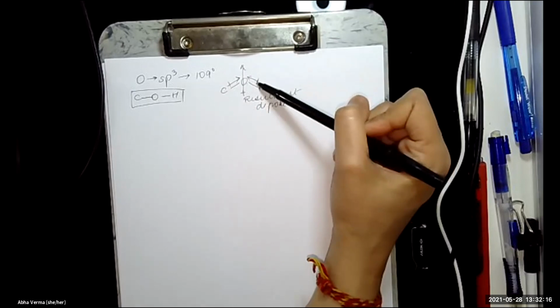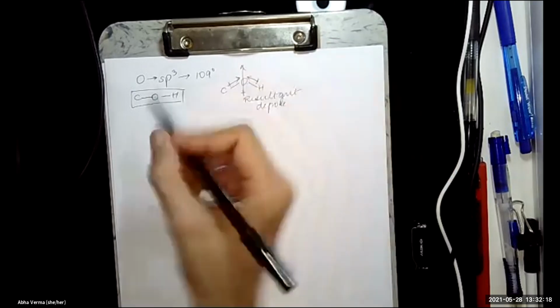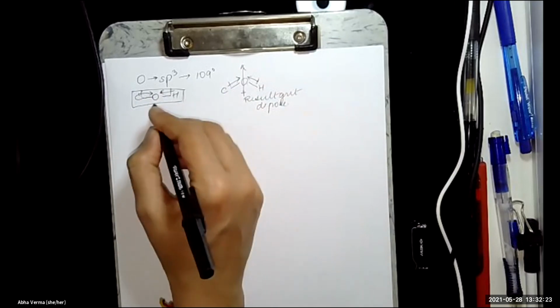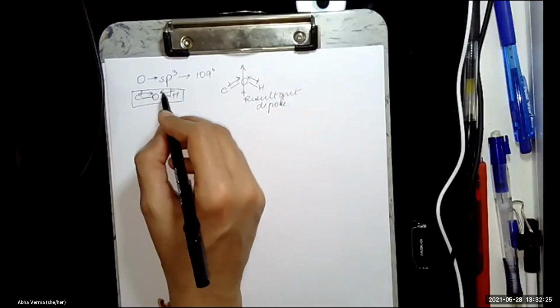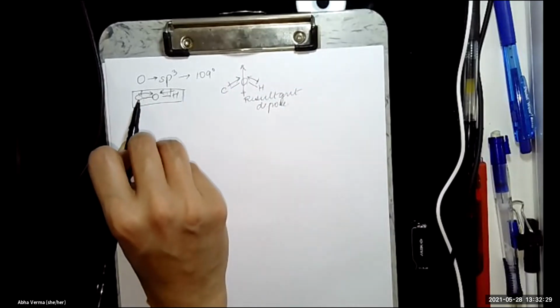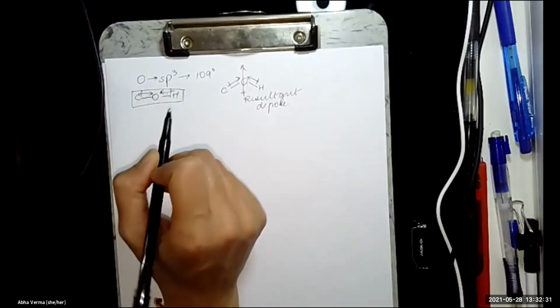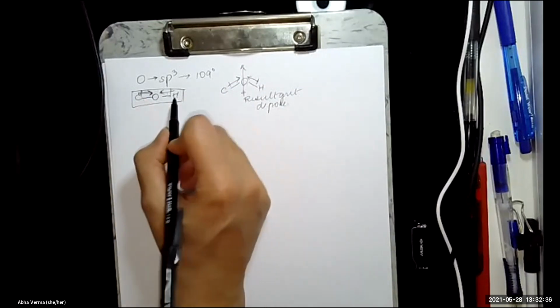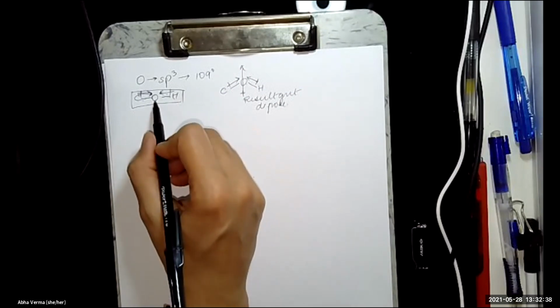Did you all see what I did? So this is not going to cancel out each other. This is not subtraction. The dipoles are in opposite directions. Carbon is less electronegative. Oxygen is more electronegative. That's why the dipole is going towards oxygen. Hydrogen is less electronegative. Oxygen is more electronegative.